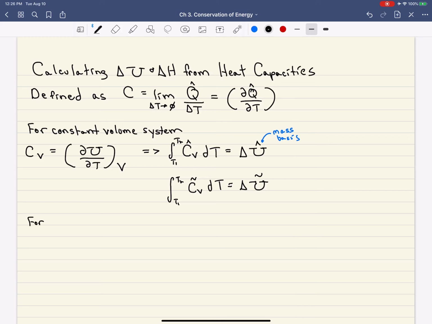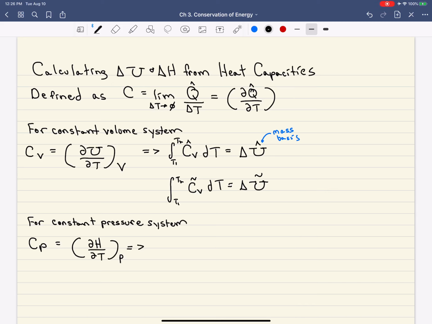If we have a constant pressure system, where the volume is allowed to change, we know that our heat capacity, our constant pressure heat capacity here, Cp, is equal to the partial derivative of the enthalpy with respect to temperature at a constant pressure.